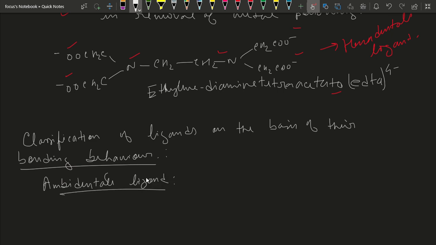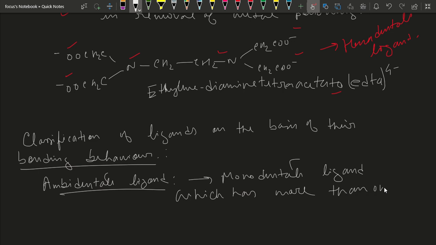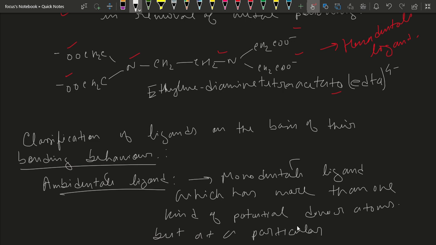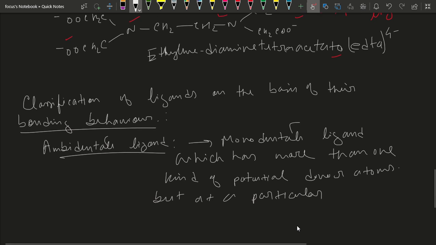It is a monodentate ligand which has more than one kind of potential donor atoms, but at a particular time only one of them gets attached to the metal.